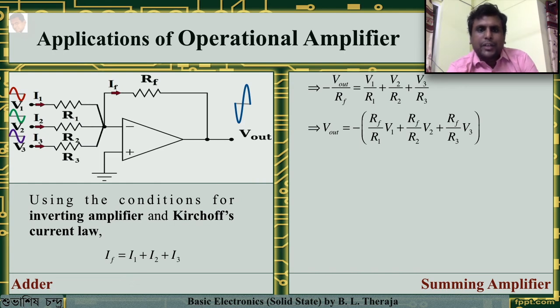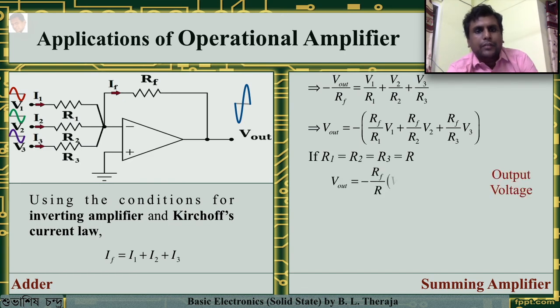We may do an approximation that all the input resistances are the same, equal to R. Then the output voltage becomes a little simpler to understand: minus Rf by R into V1 plus V2 plus V3, that is, gain into the sum of the voltages.